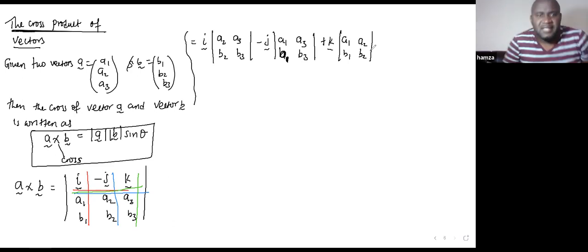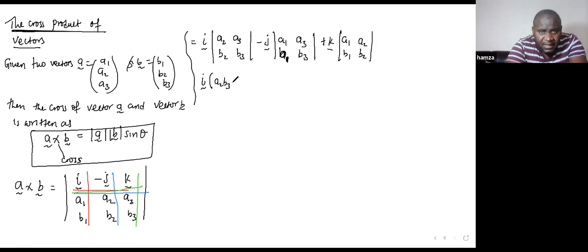Then you know that symbol from O level, that means magnitude of a determinant, determinant of a 2 by 2. So this will give me i into (a2 b3 minus a3 b2) minus j of (a1 b3 minus a3 b1) plus k of (a1 b2 minus a2 b1).